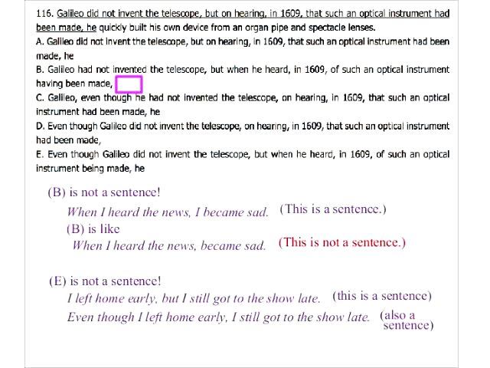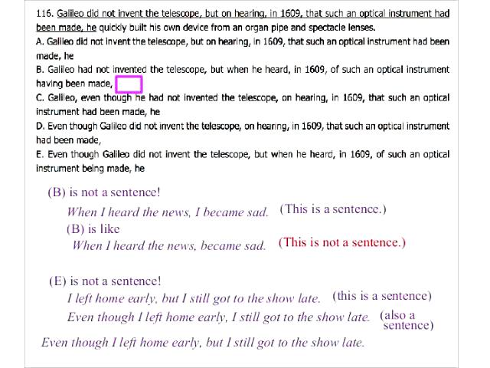But I forget the name for them. I think they're called conjunctions or something. But the point is that they're things that connect stuff. And you can only connect these things once. You can't double connect them, otherwise you don't have a sentence. So, even though I left home early, but I still got to the show late.